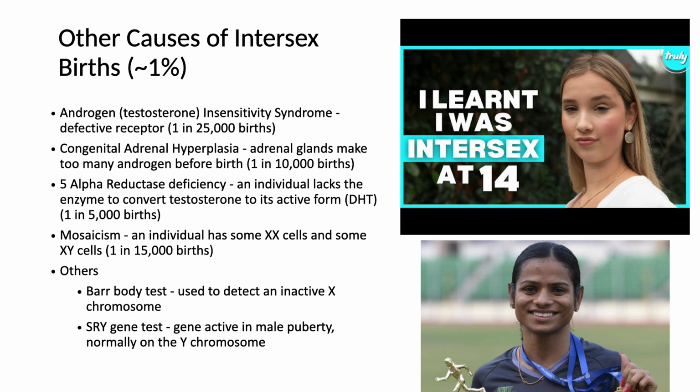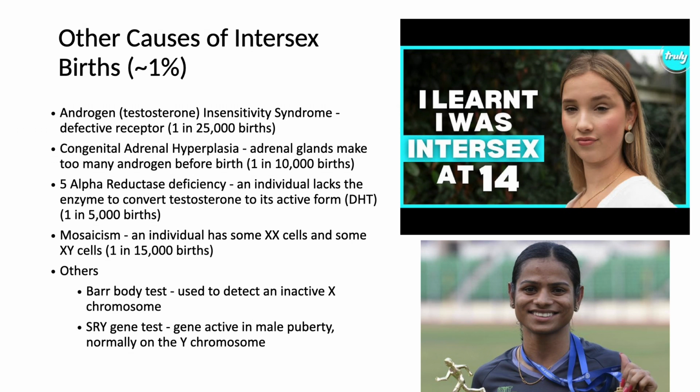Even the test that the people that are concerned about athletes changing sex want to use to evaluate the reproductive systems of female athletes, even that test has a problem. Both the bar body test or now the test they've switched to, the SRY gene test, can give false positives and false negatives.